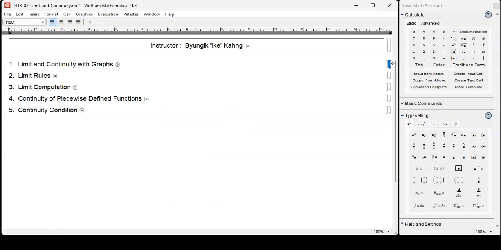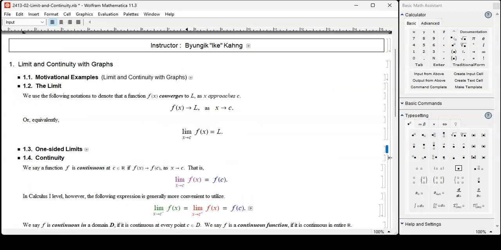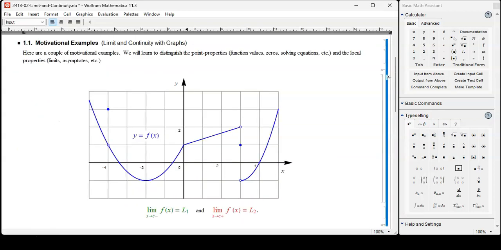And then let's go back to the motivation example again. I'd like to get those arrows back. Okay, these kind of things, left-hand side limit. And then those kind of things, right-hand side limit.